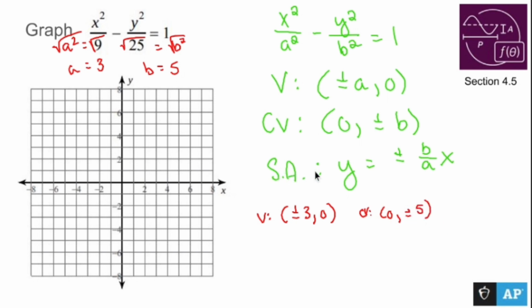Now that I know what my a and b are, that gives me slant asymptotes at y equals plus or minus b over a, which is 5 over 3 x.